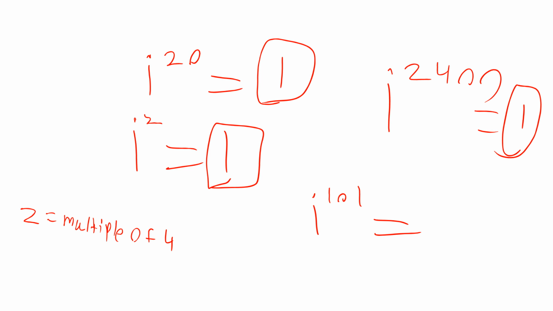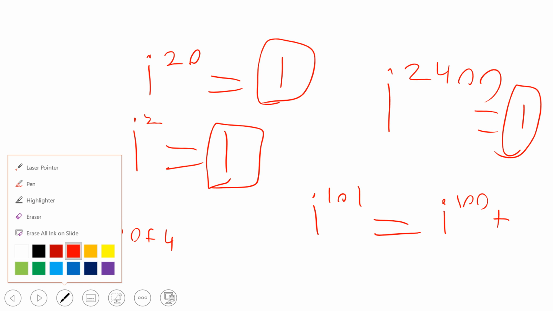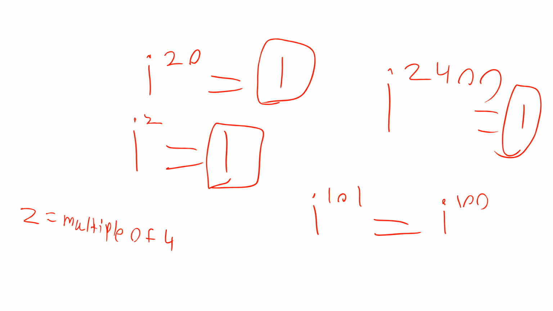101, we know that 100 is a multiple of 4, so we can write this as i to the 100 multiplied by i. 100 is a multiple of 4, so i to the 100 is just 1, multiplied by i.